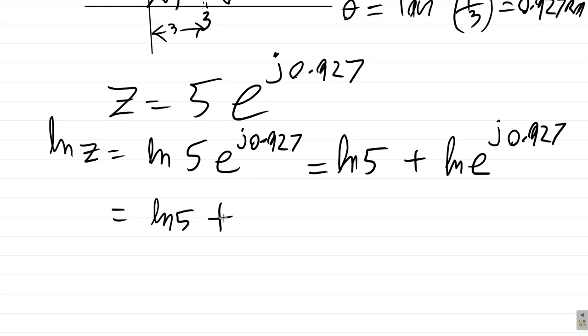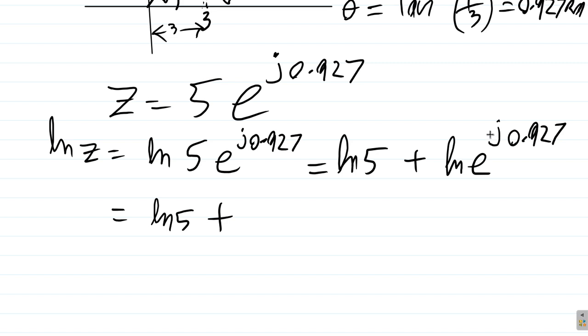plus. Now remember, one rule of log is that the log of a number to a power is the same as you bring down the power to the left and multiply: the power times the log of the number.